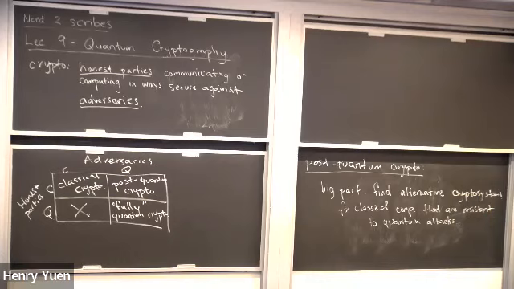Initially they had a large playing field of many different contenders, but a lot of them got broken. A lot of them had flaws in them, and it's been whittled down to just a handful. These are the final ones.